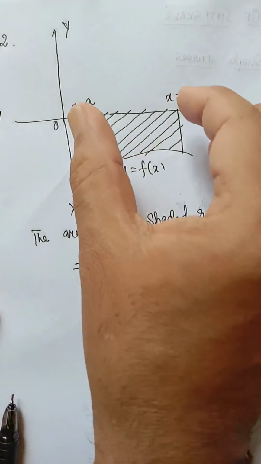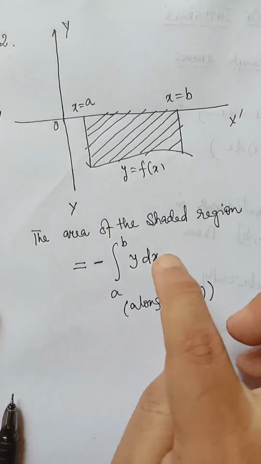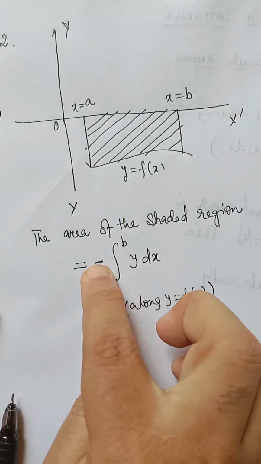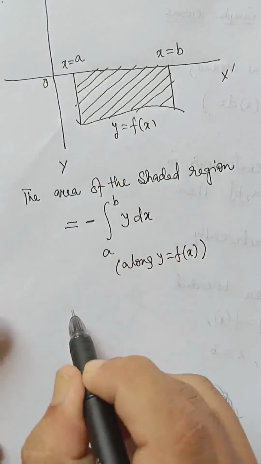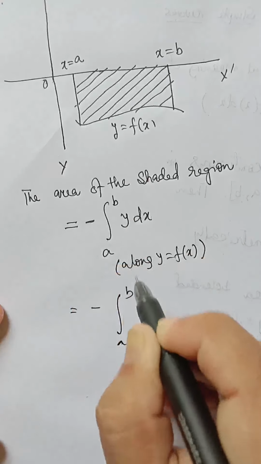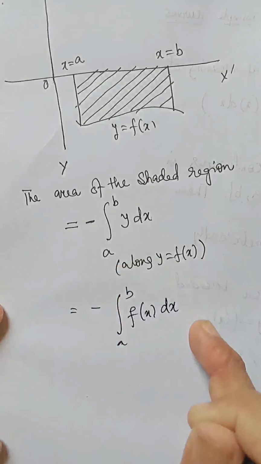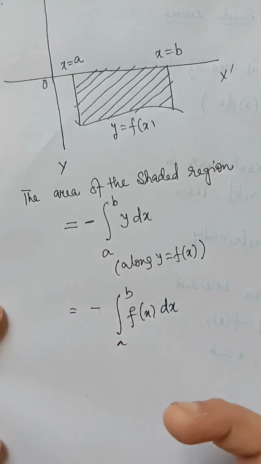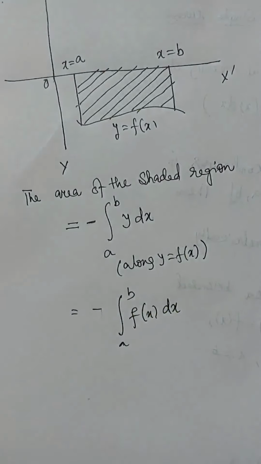If the region lies below the x-axis, we write the formula with a minus sign, so it will be minus of integral a to b f(x) dx, or you can put the modulus of integral a to b f(x) dx. Both the minus sign and the modulus sign will make the result positive.